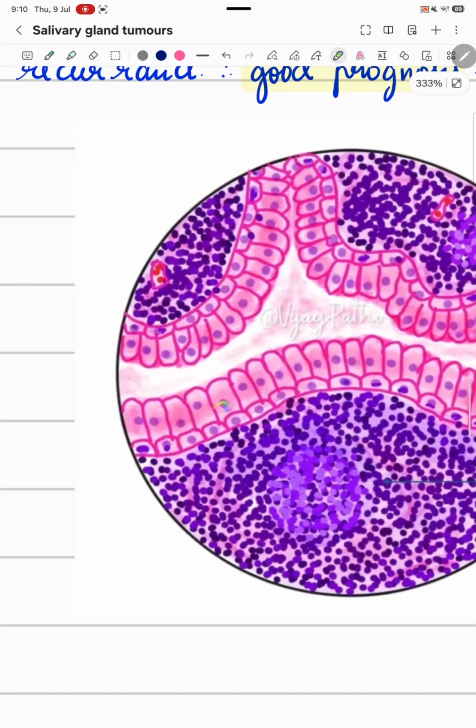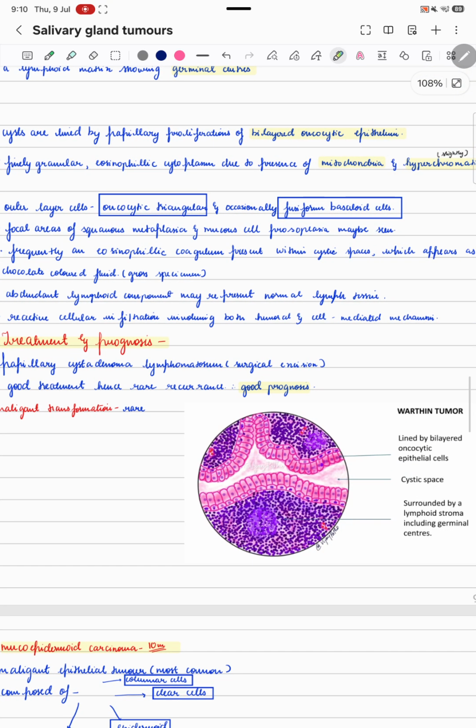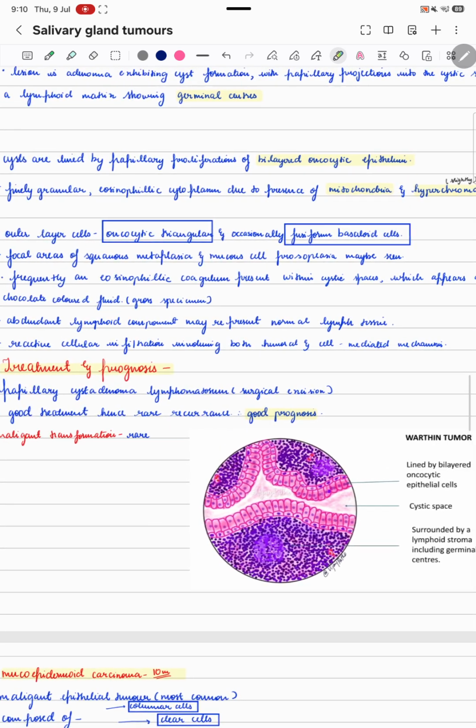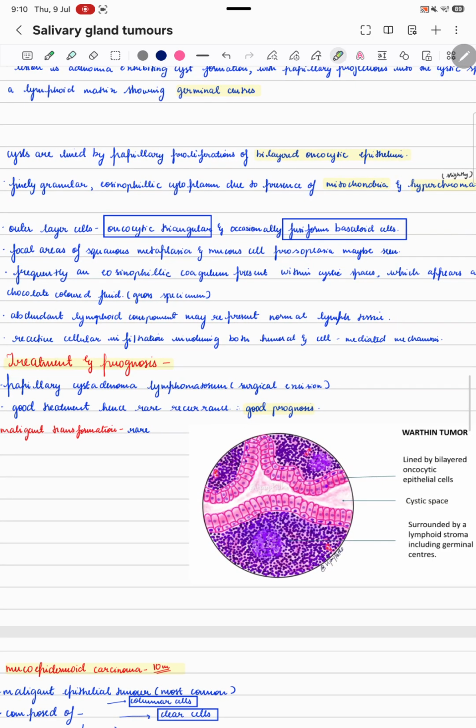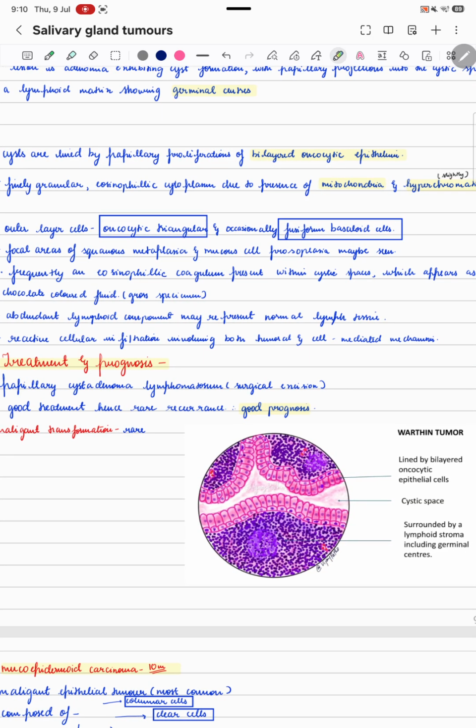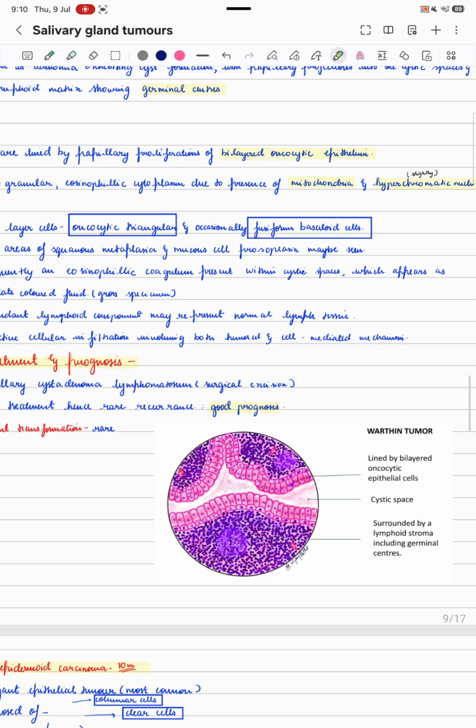Here, if you see, it is a bilayered oncocytic epithelium. The cyst is lined by papillary proliferations, bilayered oncocytic epithelium, with finely granular eosinophilic cytoplasm due to the presence of mitochondria.